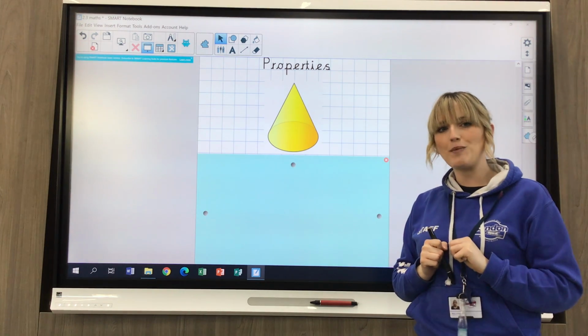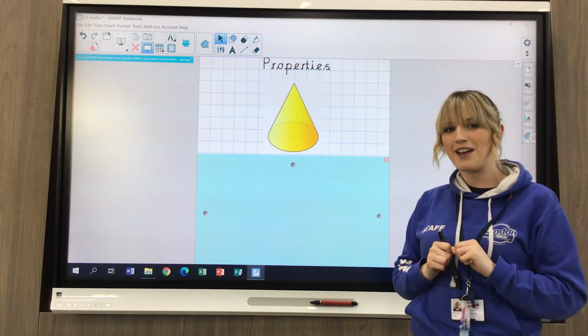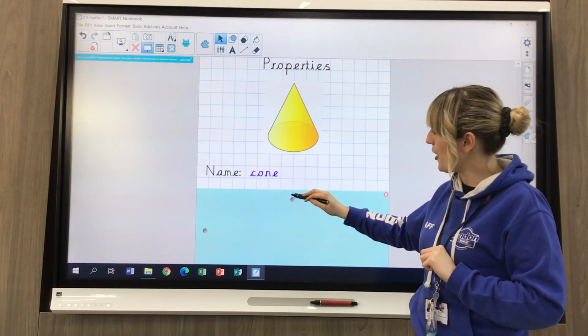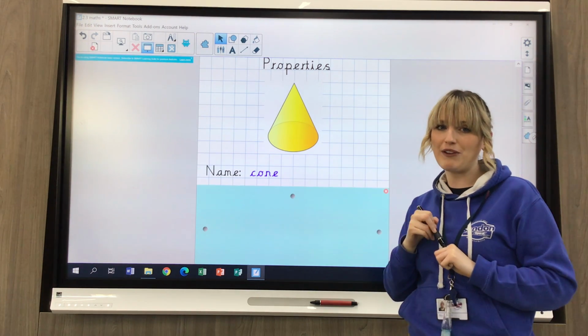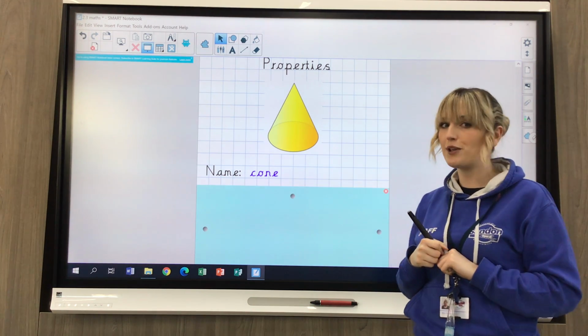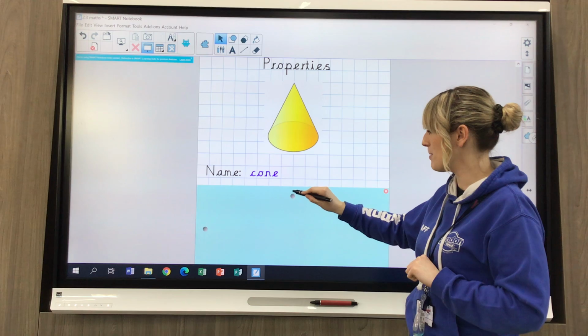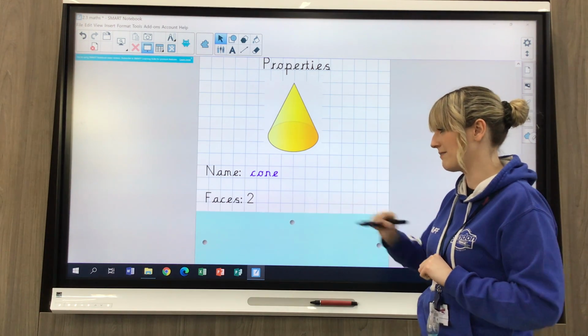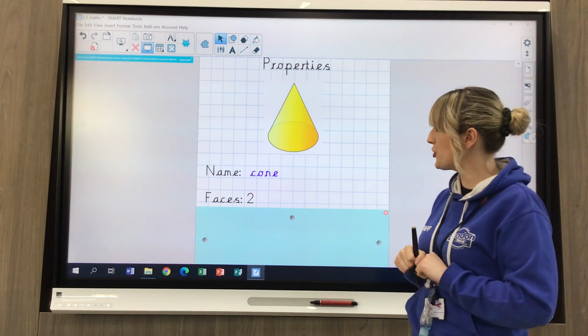Okay, I bet you can remember the name of this shape. Well done if you know, it's a cone. And to remind you, if you ever forget, think of an ice cream cone or a cone of chips. It will help you remember. Okay, so faces then. A cone has got 2 faces.